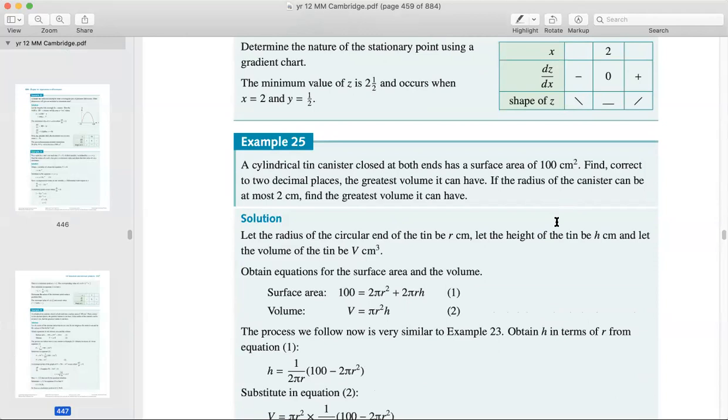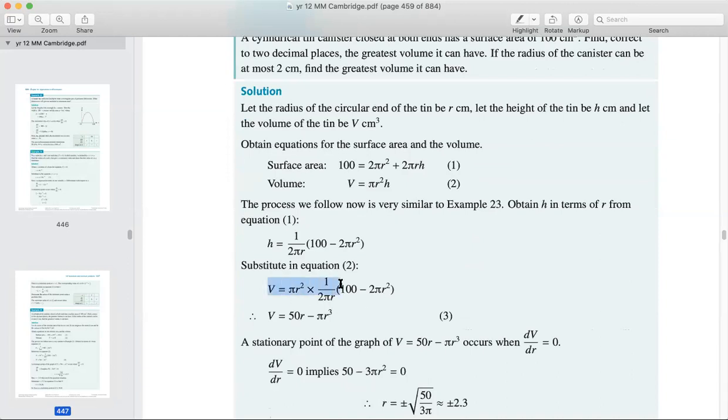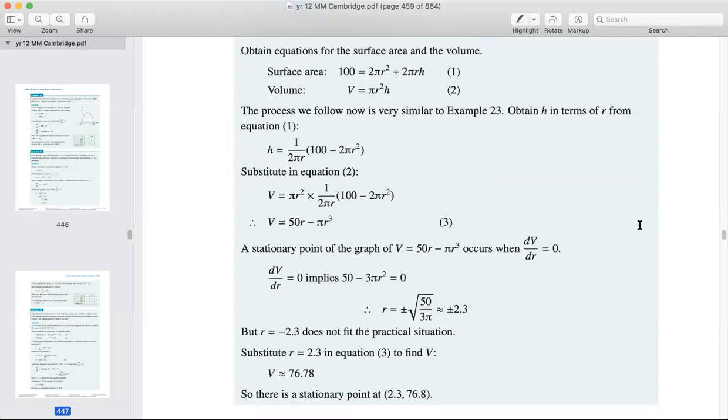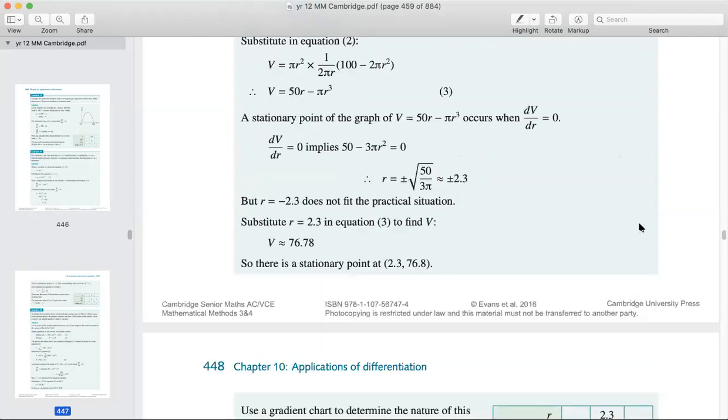Just remember to multiply it. Once we get an expression for h, I can plug into equation 2 to get the volume depending only on r. Then I use the derivative to get the values for my volume. Done. Okay.